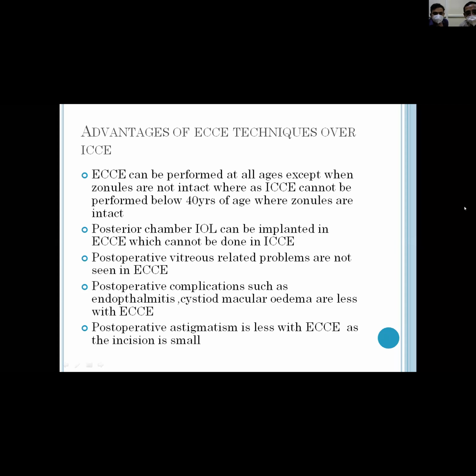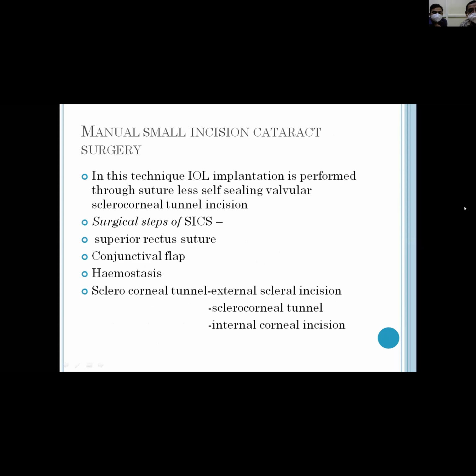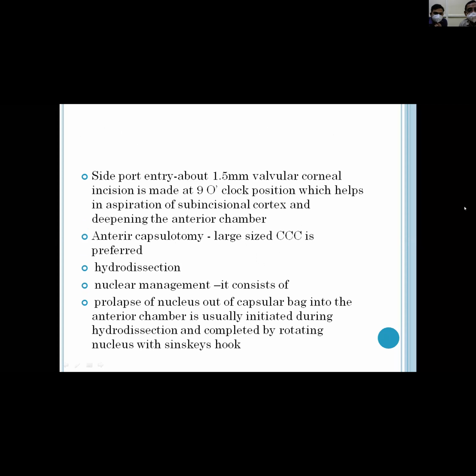Okay. Next, forward it. Okay, next. What is the purpose of hydrodissection?